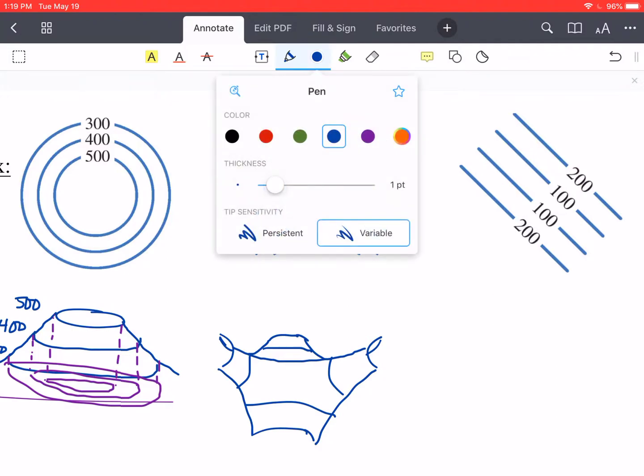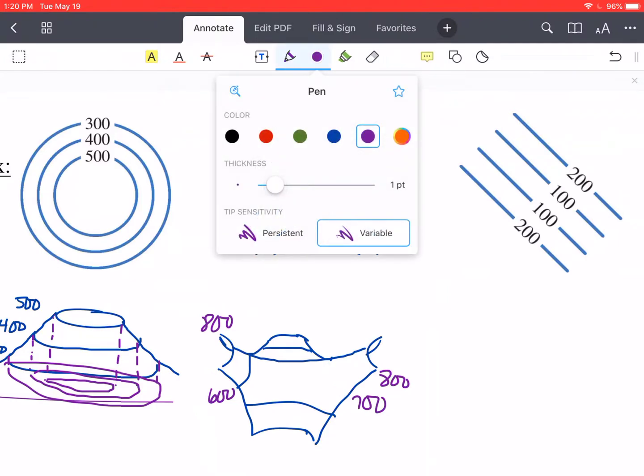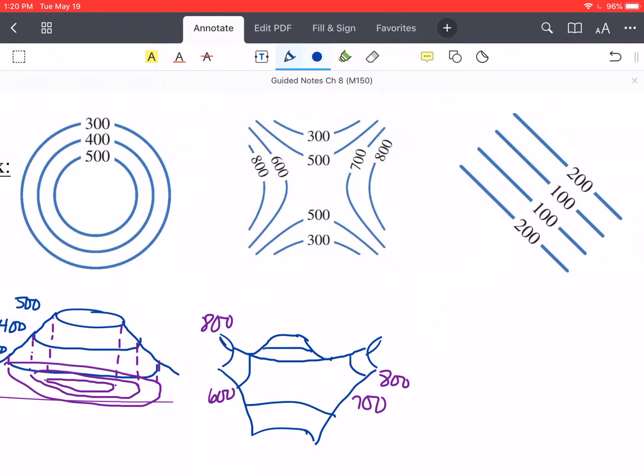So if you can see what's going on here, so here's 800, 700, or sorry, that one's 600. This one's 800, 700. That one should be a little higher up than the other one. Okay, this is 500, 300, 500, 300.